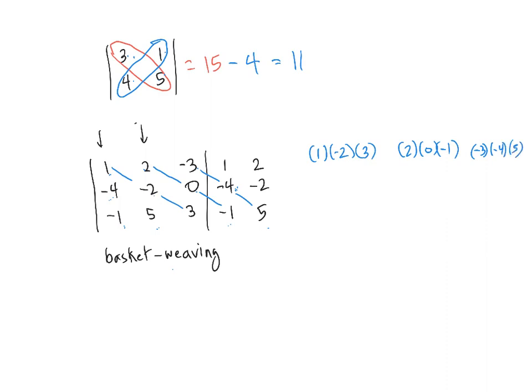Now, because these diagonals are all running in the same direction, not like the 2x2 where the 2 diagonals are going in the opposite direction, instead of subtracting them, we're going to add them together. So this is -6 plus 0 plus 5 times 12, which is 60. When I add those together, that is 54. That's the corresponding thing that I did up here.